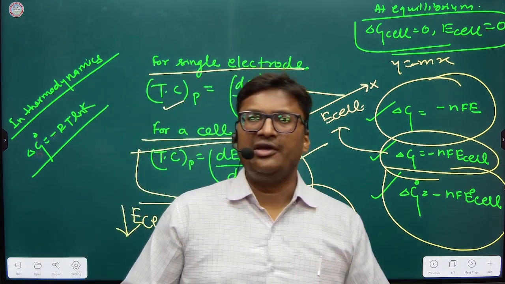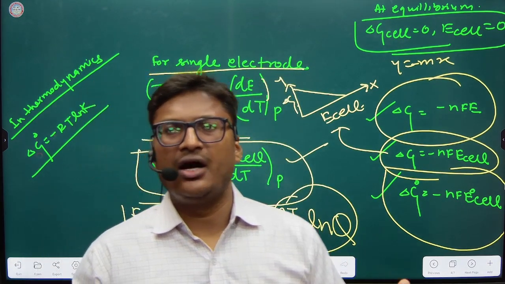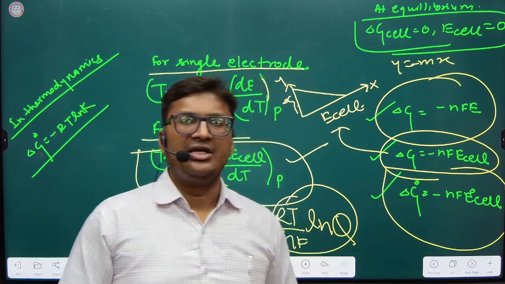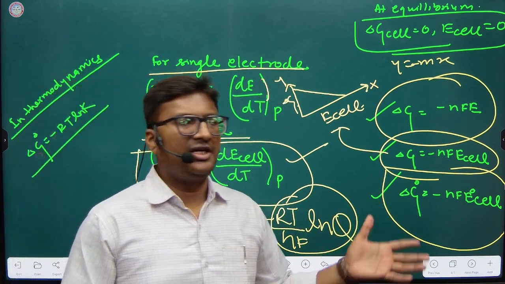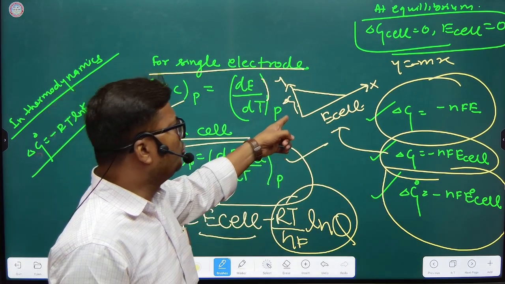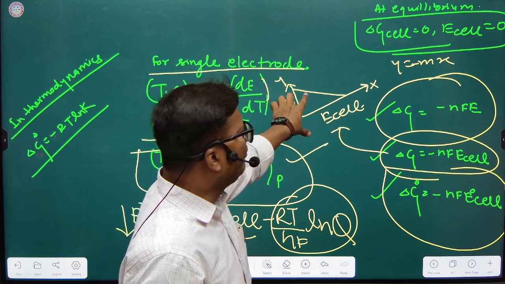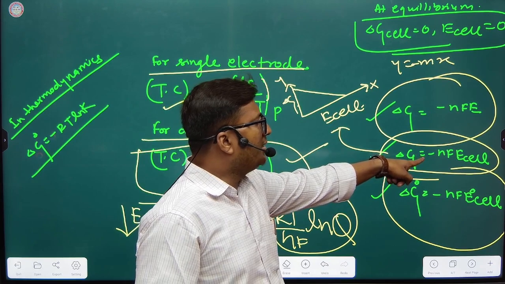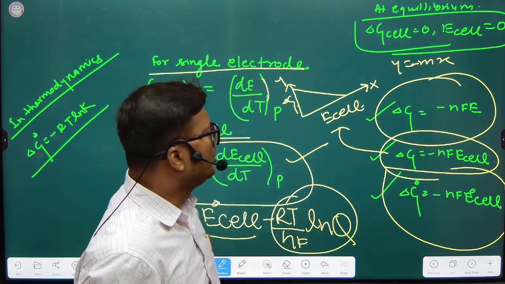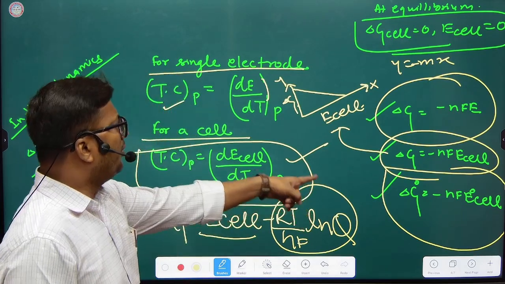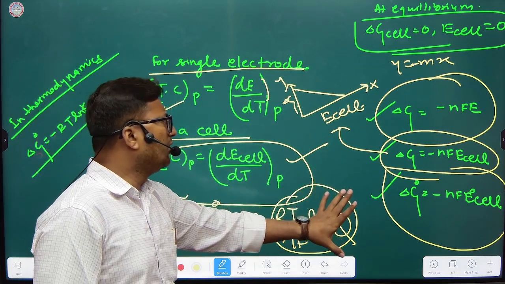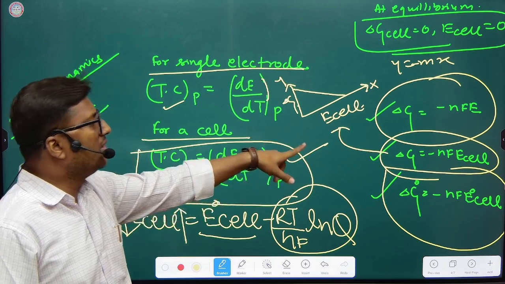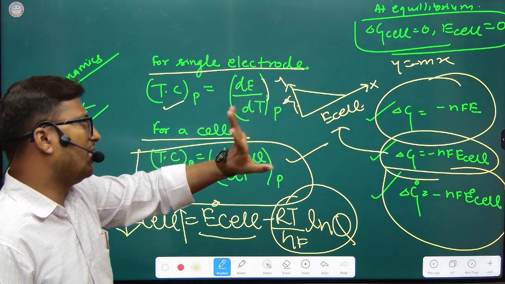So if we increase the cell potential, then the change in Gibbs free energy decreases linearly, as you can see in this graph, which is plotted for delta G equal to minus nFE cell. Similarly, you can plot at standard state. So this graph gives you insight into the variation of the change in Gibbs free energy of a galvanic cell.